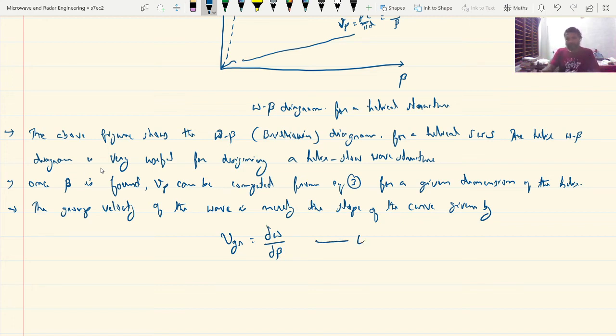I will call that equation 4. It's very important, the group velocity as well as the phase velocity.